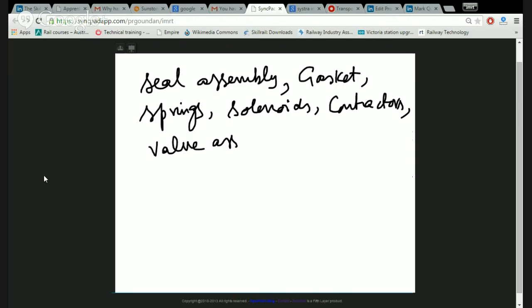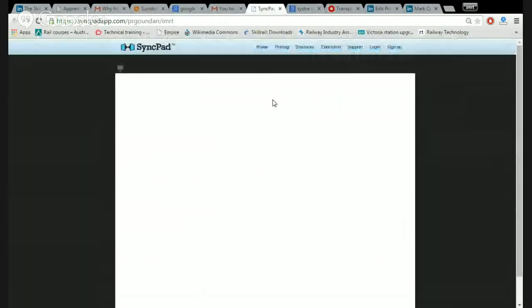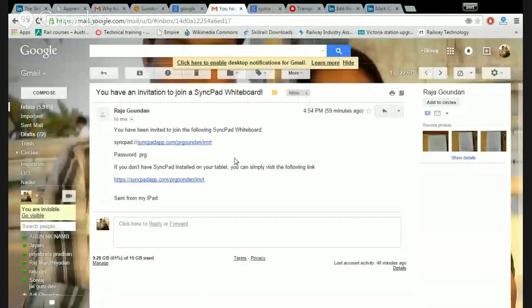So the screen is not coming. Gone. Gone? Yeah, after valve assembly, it didn't come. Okay, should I send the new invite again? One second, let me just refresh. Compressors. So can you send the invite again? Yeah, I'll do it.